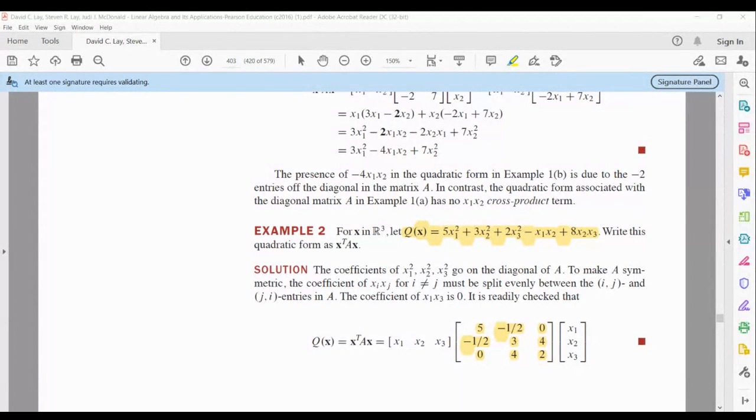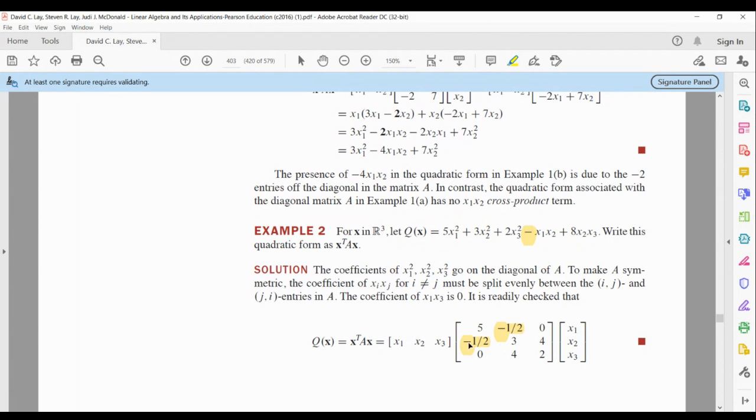That's right, Hung. Now -1, if you divide it in half, you're going to get -1/2. I like to make use of the highlighter to show things here. So here's -1/2, here's -1/2, and there's the -1 in front of x1, x2. -1 divided by 2 is -1/2, -1/2.